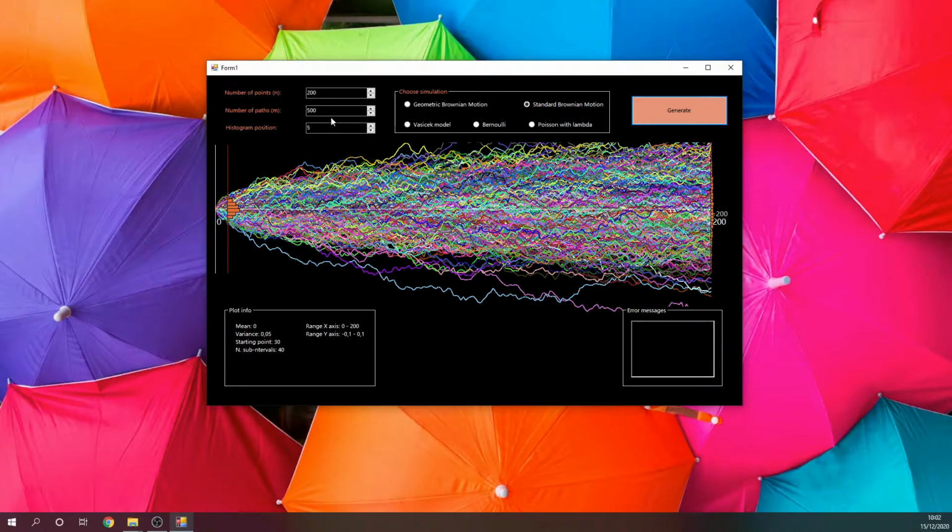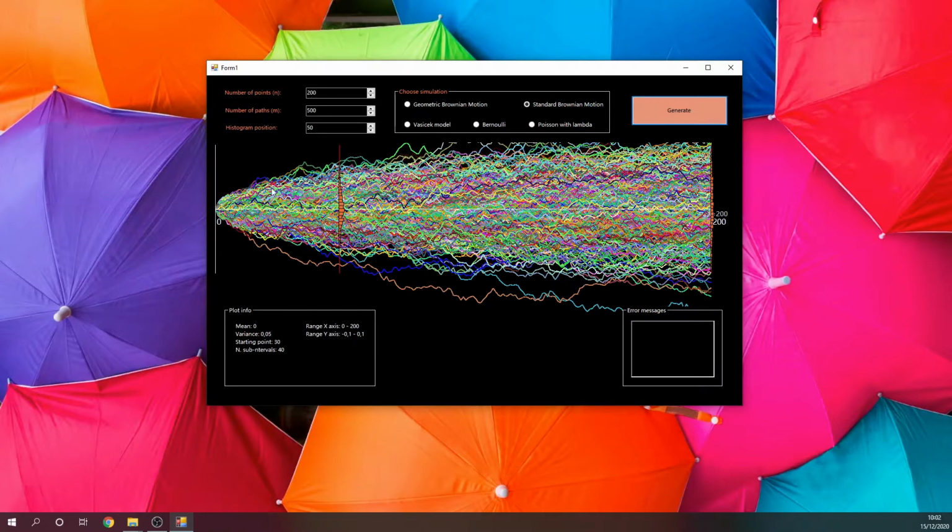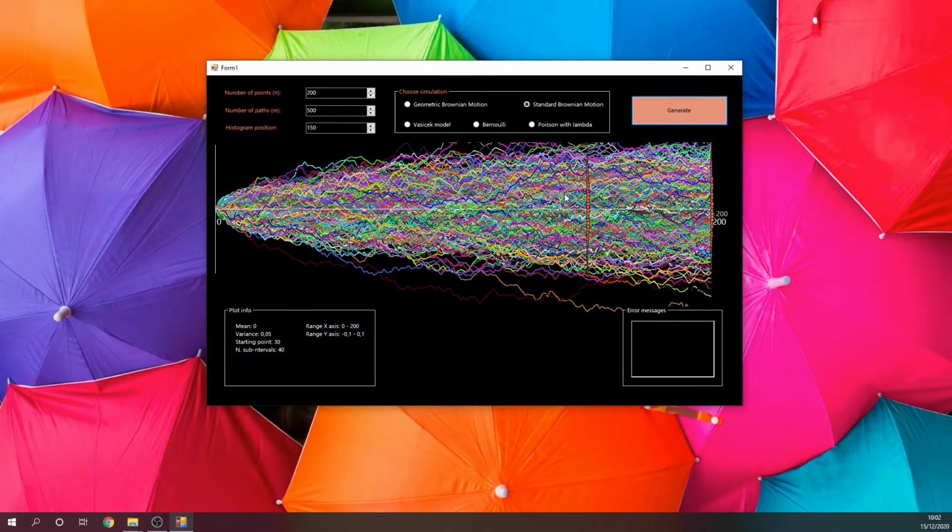So let's increase time. Okay, we can observe that the situation is different. We have a normal, but it is toned down a lot. And if we increase more, we can barely see the normal.